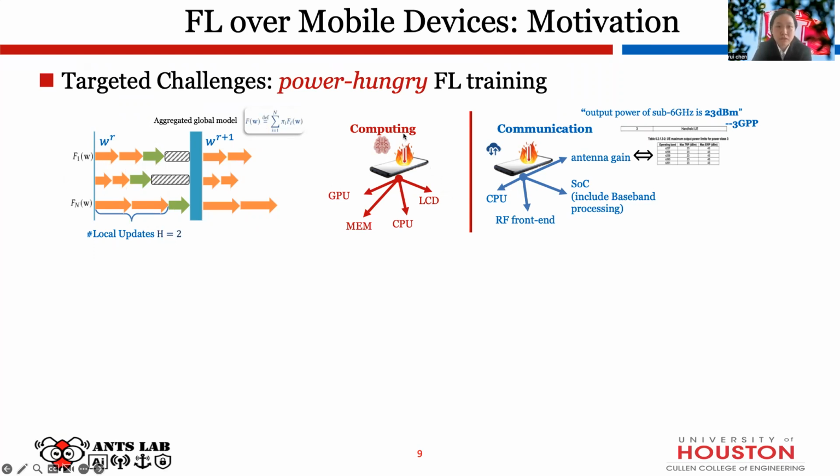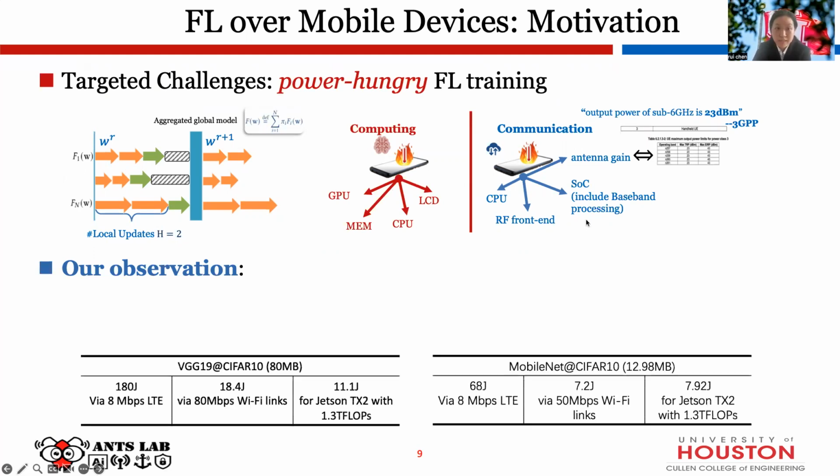For the computing system energy, we consider the energy from the GPU, the CPU, memory, and the touch screen. For the communication system energy consumption, we consider the energy from device components like the CPU, RF front end, and SoC, as well as the transmission power from the antenna gains. And according to the definition of the system energy, we further find two interesting observations in high-speed network settings.